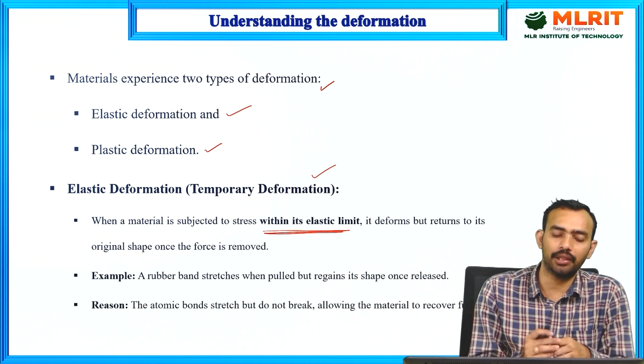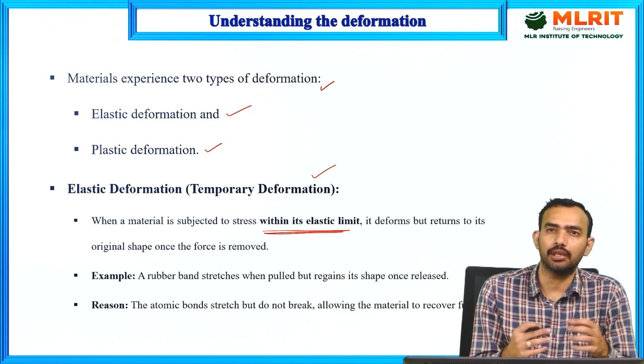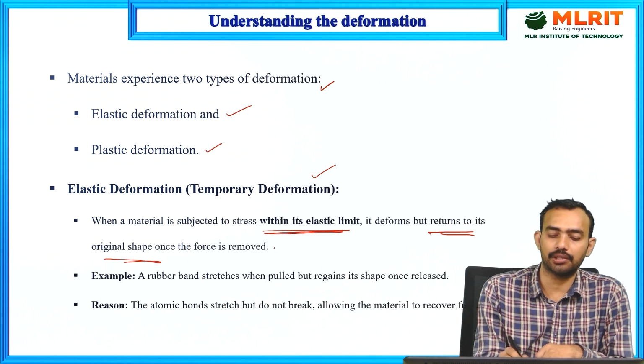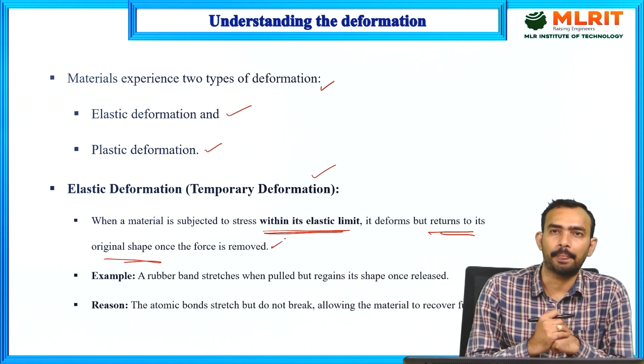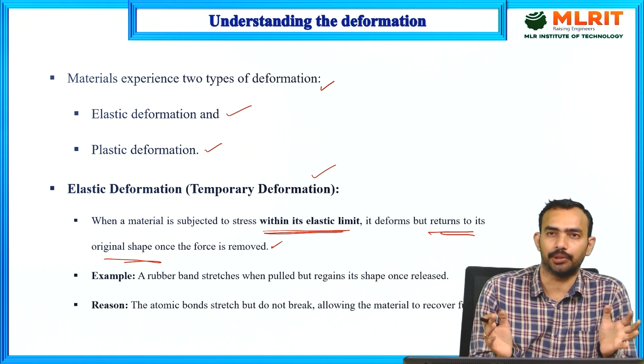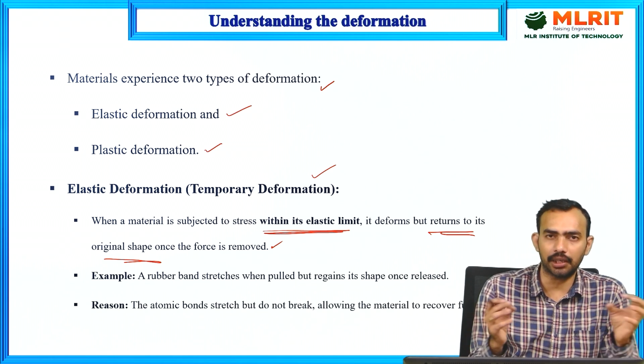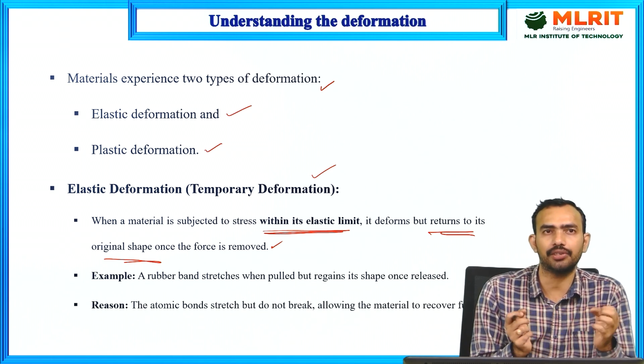But when the external stress is released, it returns to its original shape once the force has been removed. So this is the elastic deformation. It's a temporary deformation caused by the external stress. Once the stress has been removed, the material will regain its shape.